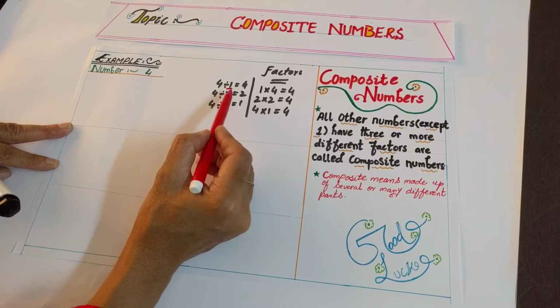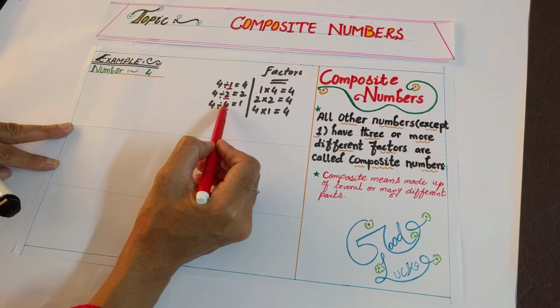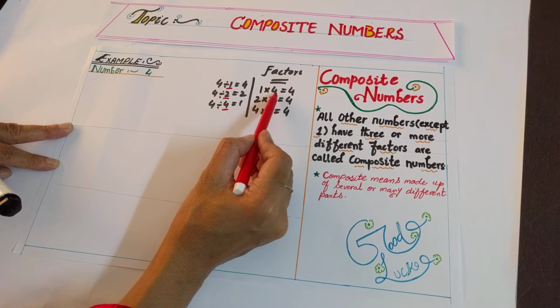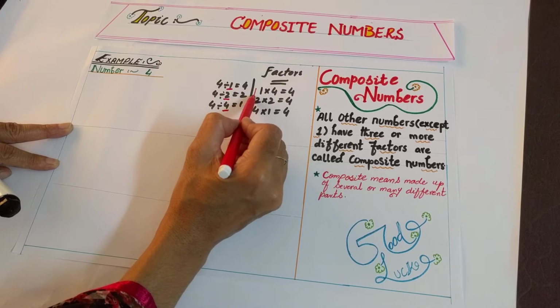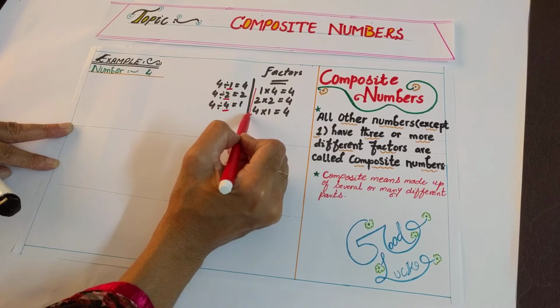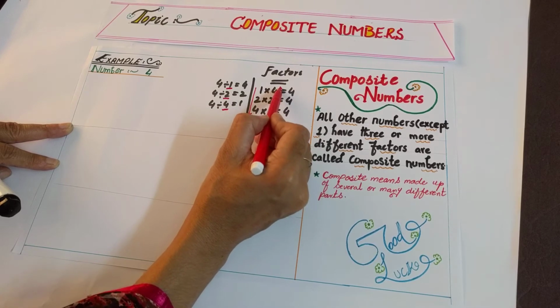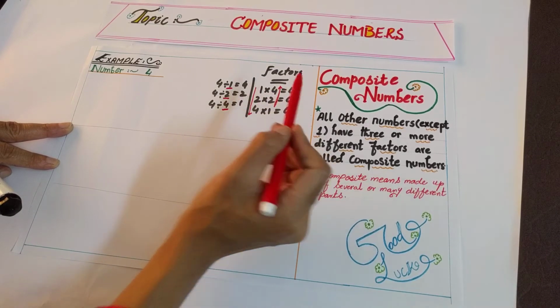So what are the factors? 1, 2 and 4. And in multiplication, 1 4s are 4. You can check it by this downward arrow, and then upward arrow. Here is one more point.